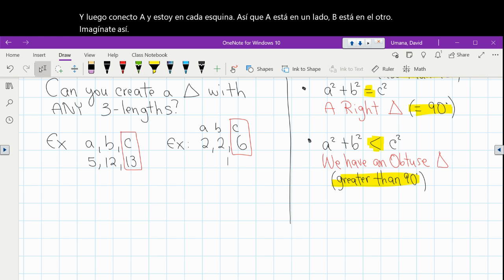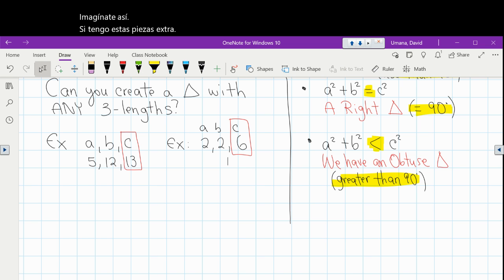If I have these extra pieces, what has to happen for them to meet? And will every piece actually meet? Questions, ideas?